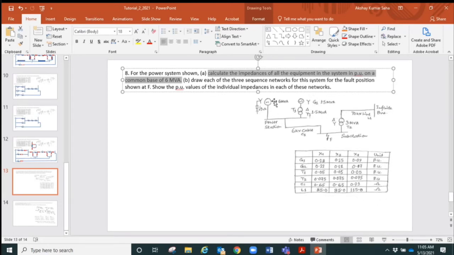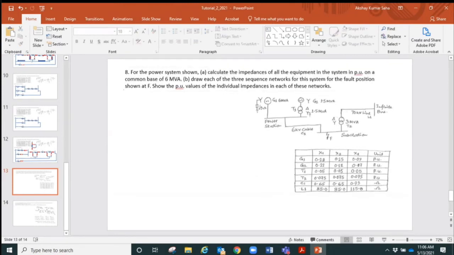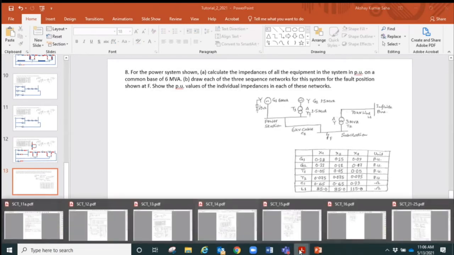Not only that, these equipment are now given with their corresponding MVA ratings, so we will have to consider that. Can you do this calculation and tell me the answers for those?